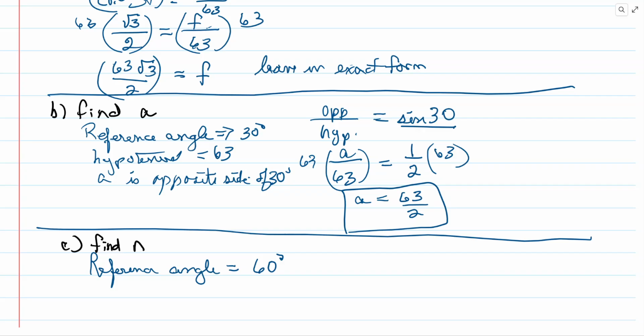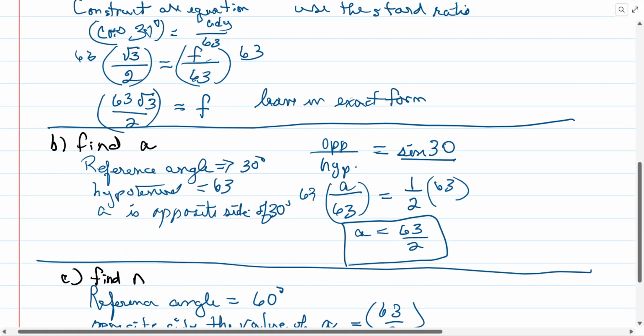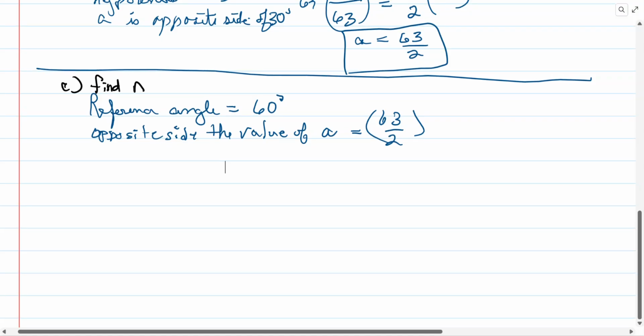It's 60 degrees, and we're given a leg that is opposite, the value A, that equals 63/2. So now that we have this 63/2, and we know we have the opposite, but we want the hypotenuse.